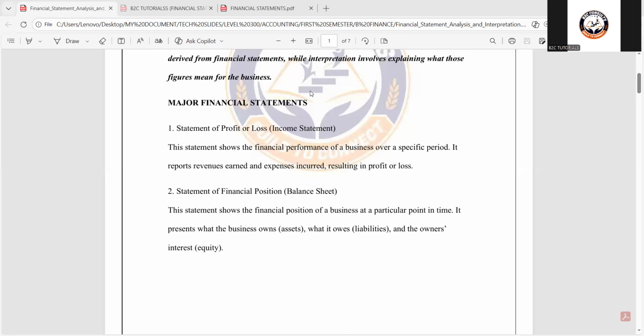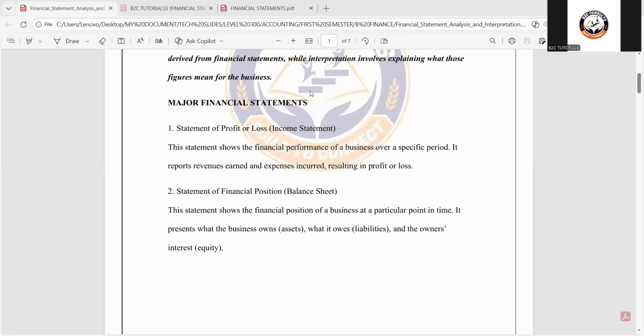This financial statement presents what the business owns. Whatever belongs to the firm is what it owns; we call it the assets of the firm. Then we have what it owes, which is called the liabilities, your debt, what you are obligated to go and pay.